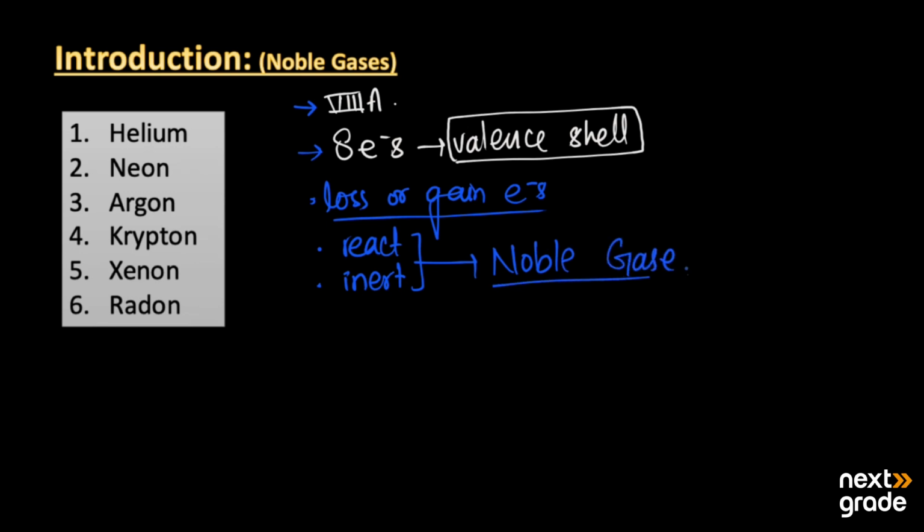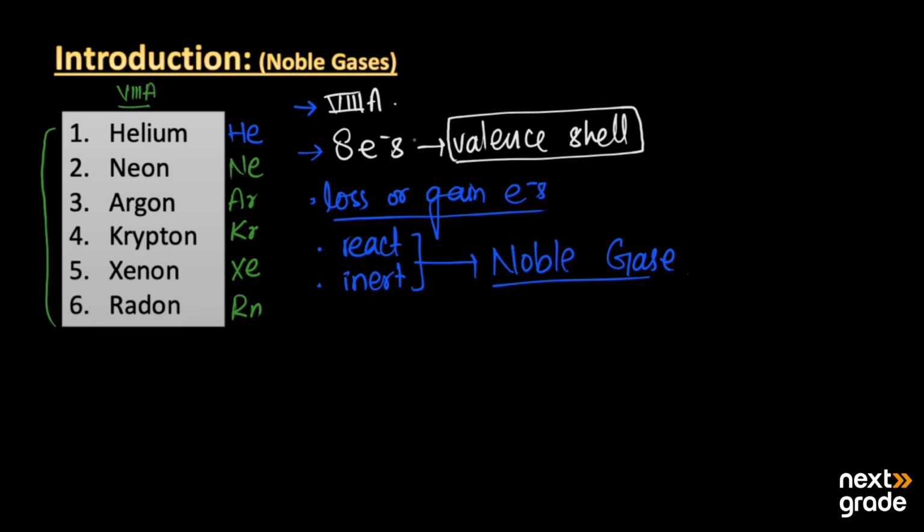Now, how many noble gases are present in the periodic table? The first one is helium, its symbol is He. Then we have neon as Ne, argon Ar, then krypton is Kr, xenon is Xe, and radon is Rn. So these are basically the six noble gases that are present in group 8A in the periodic table.